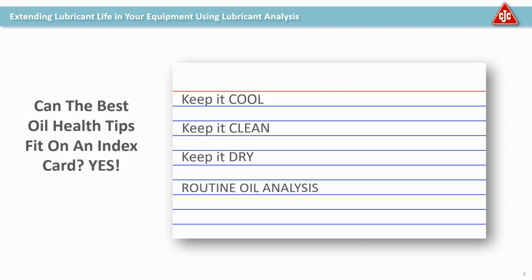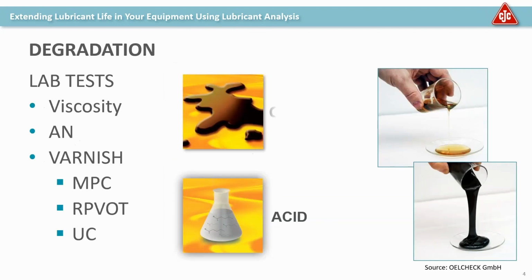This all contributes to chemical degradation. The oil breaks down. We see sludge and varnish, acid in the oil, the viscosity increases. And then finally, the additives deplete. And so that's, again, why it's so important to follow these basic principles so that we can monitor the overall health of the oil, the additive health, and that will help us to reach our goal of longer life.